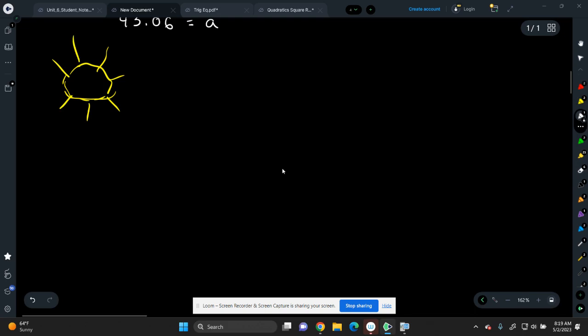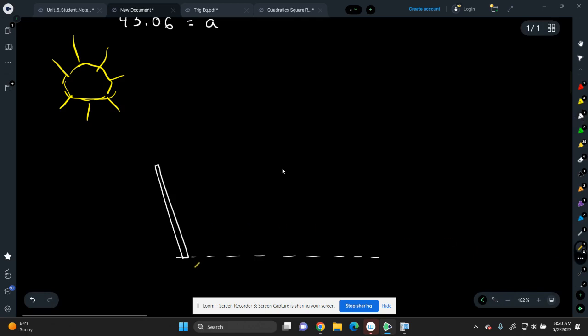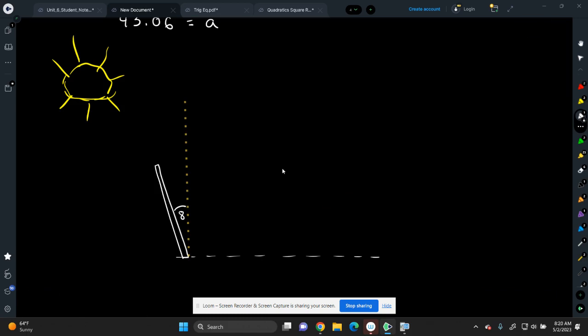Okay, so we've got a pole that tilts toward the sun, and it's tilting at an 8-degree angle from the vertical. Okay, so there's my vertical. That means this angle right here is 8 degrees. It's going to cast a 22-foot shadow.